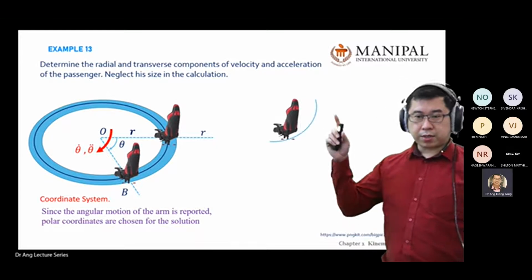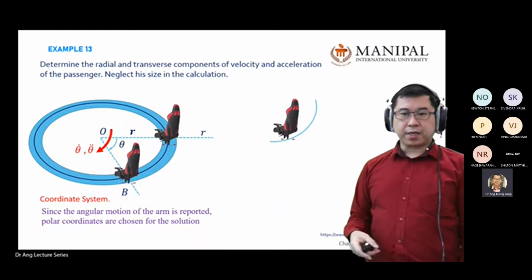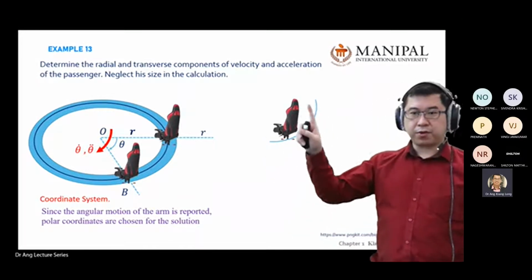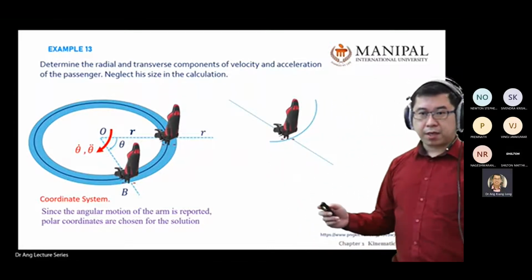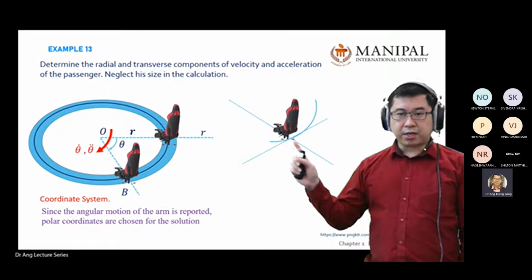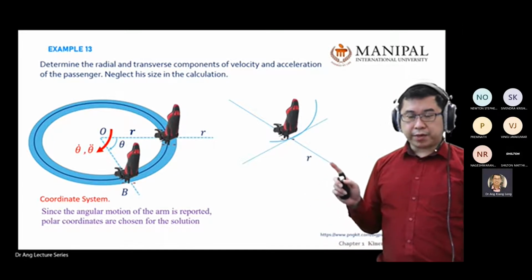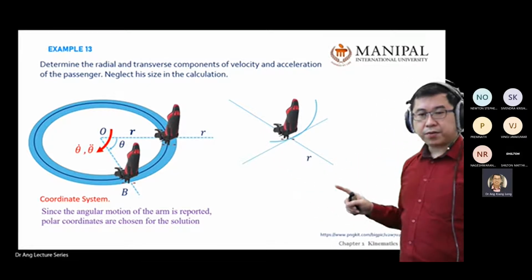Okay, so I will just pick the object and then I draw the axis that I have. So this is the path traveled by the chair. And I draw two lines that represent the axis. First is the radial.